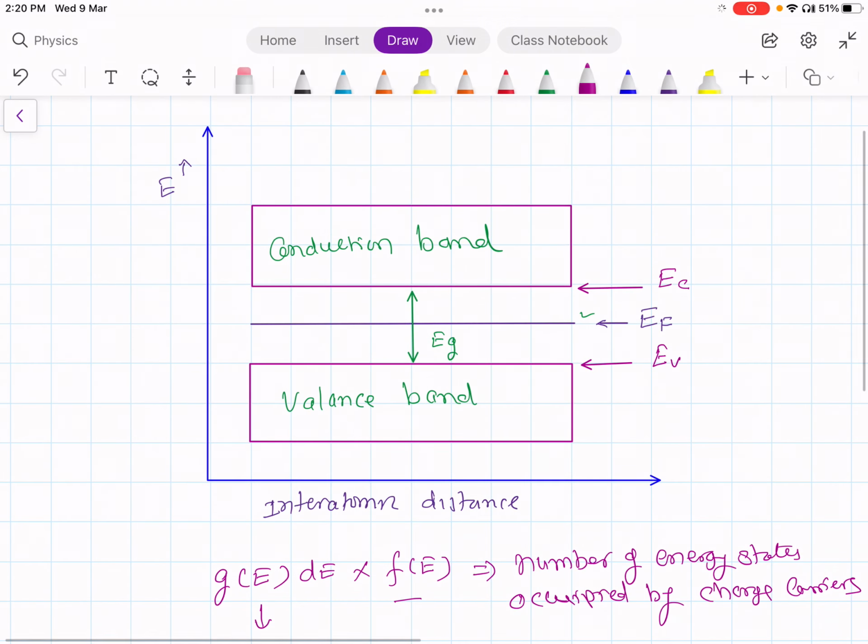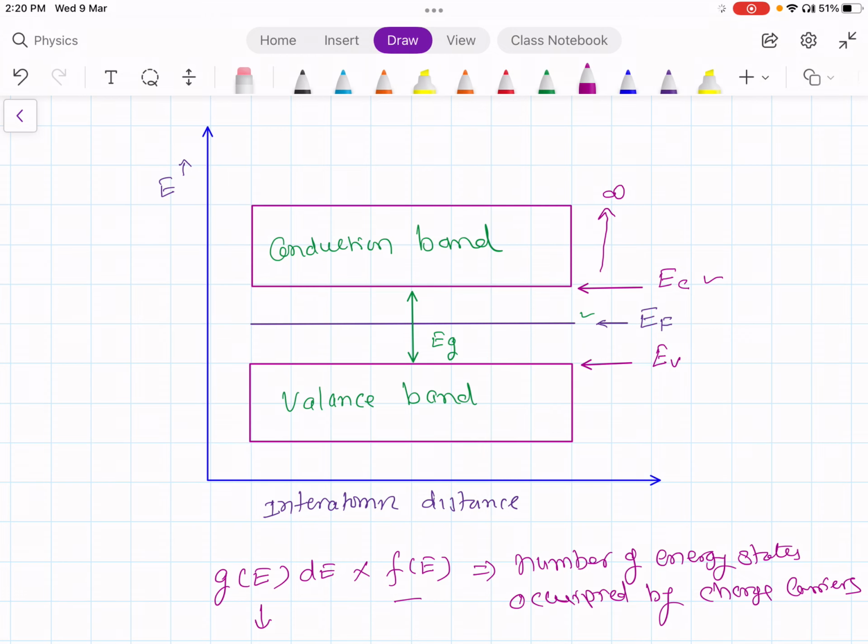So what we have to find is the number of electrons in the conduction band. There can be many energy levels in the conduction band. The lowest energy level we are calling Ec, and above this Ec there can be many energy levels, we can say up to infinity.